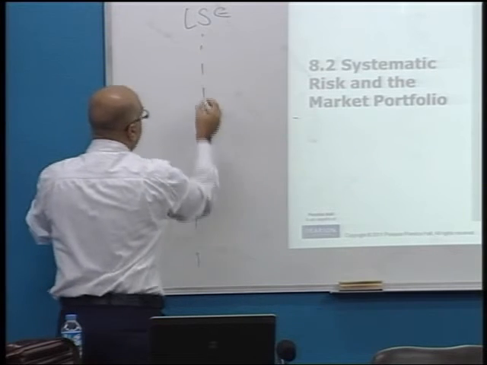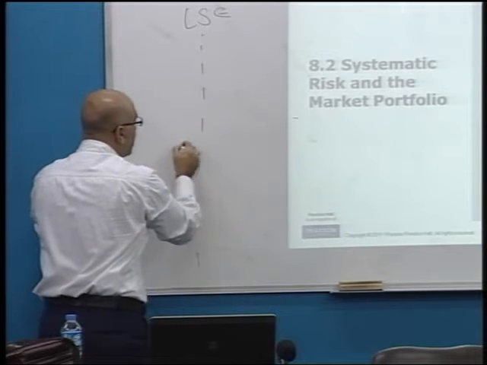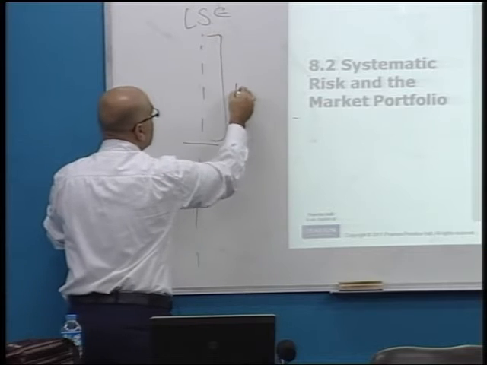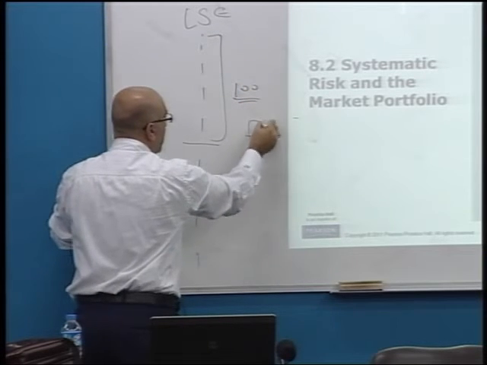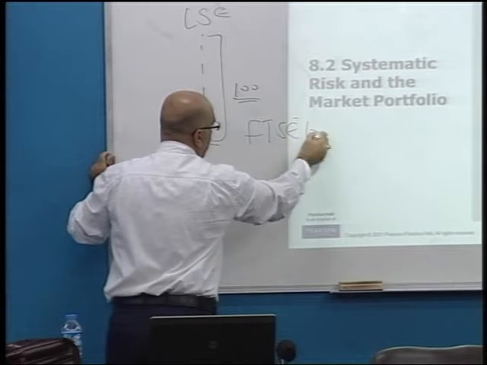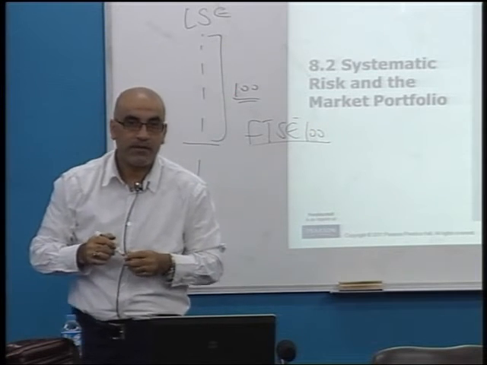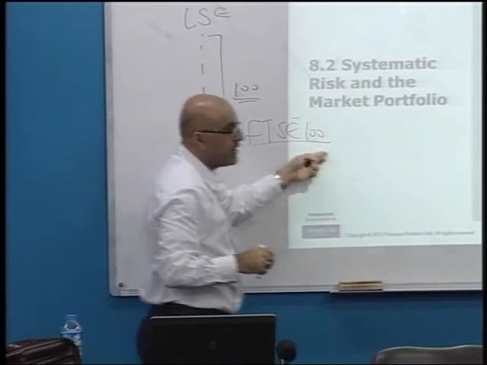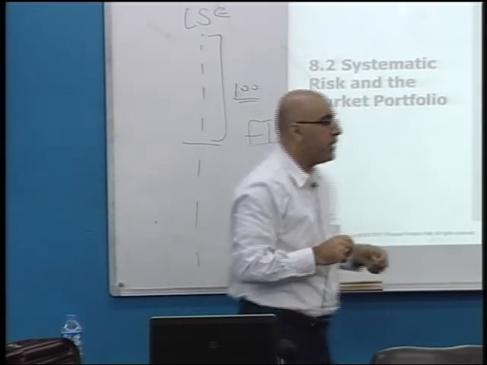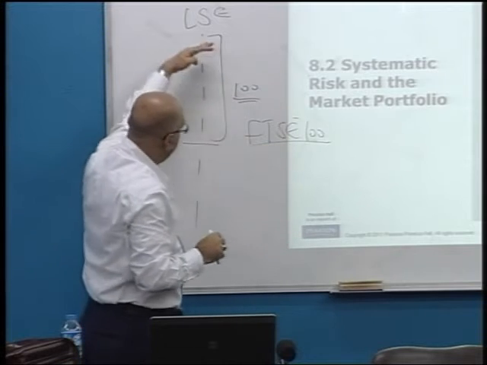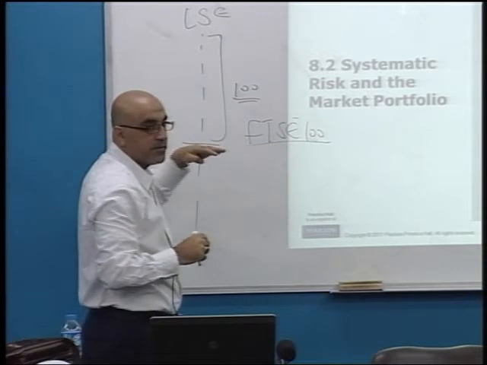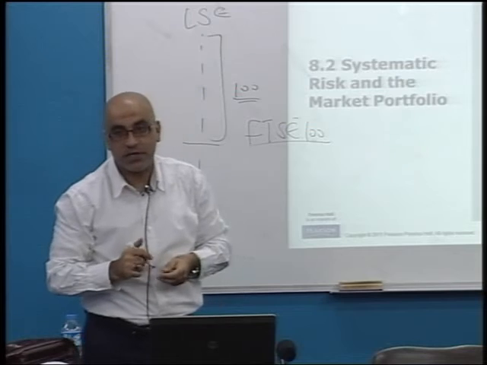So they form the index with the first 100 companies. And they call their index FTSE 100. Okay? Financial Times Stock Exchange 100. So FTSE 100 includes the first 100 companies in the London Stock Exchange.